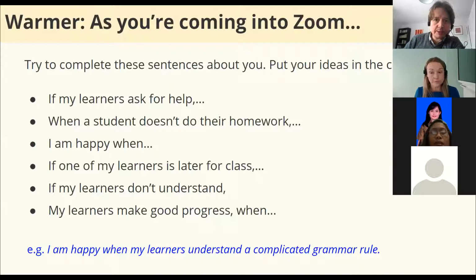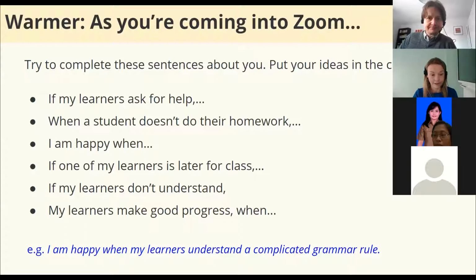For example, somebody put: when my student doesn't do their homework, I'll be so sad. This is the first conditional, but you're perhaps talking about something you don't expect, or a situation that happens once. We tend to use the zero conditional for more regular occurrences, every time it happens. So both are correct, with just a slight difference in meaning.